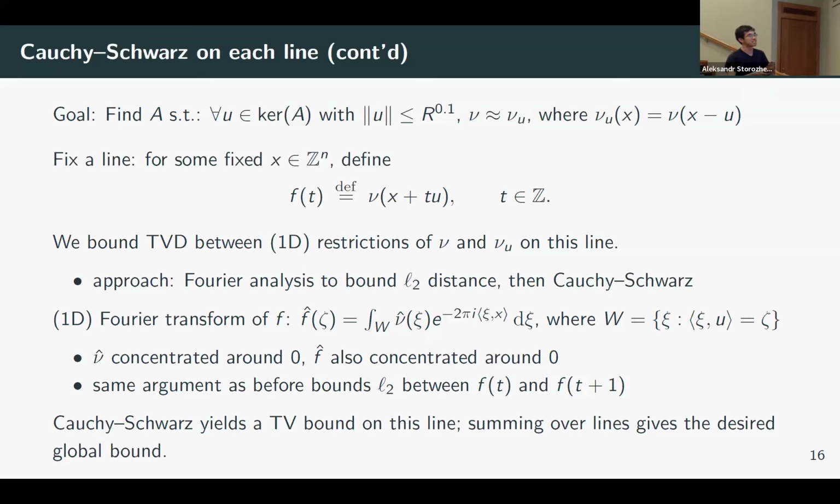And then the Fourier mass is just the integral of everything that is orthogonal to this shift direction. Right? So it's in the hyperplane that is orthogonal to this direction u.